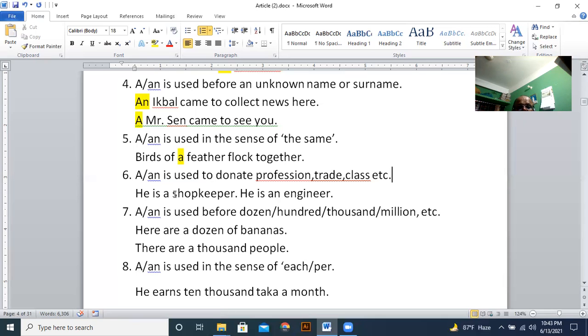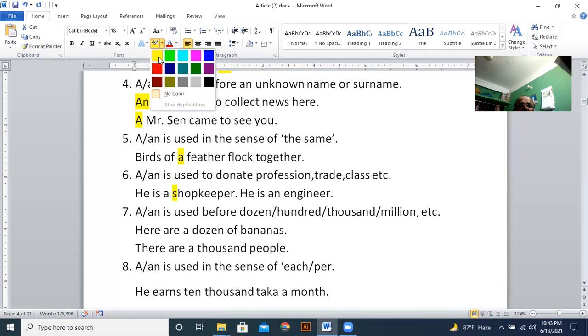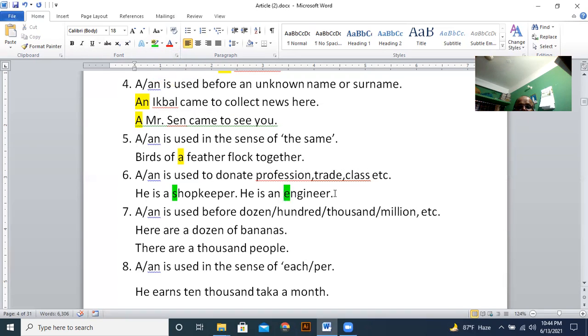Shopkeeper starts with a consonant, and engineer starts with the vowel e. So here a and an are used because shopkeeper and engineer are a profession or trade. Okay, clear.